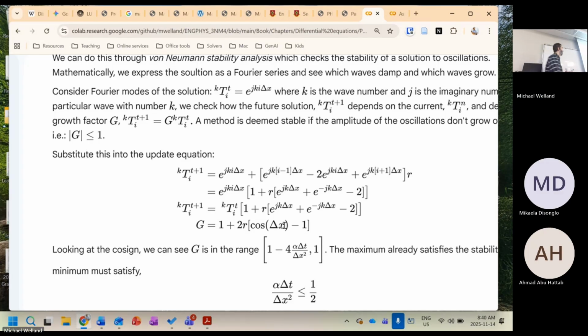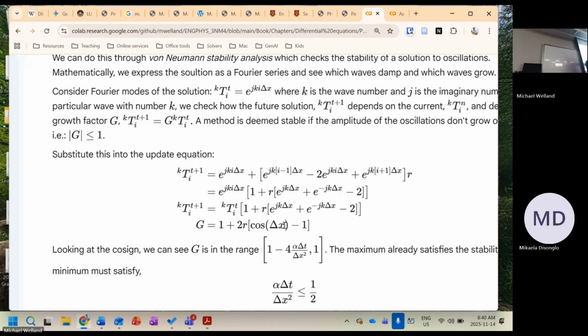From here, you define your G as the ratio between these guys, and you get an expression like that. What you need to make sure is that G is always less than or equal to 1. Looking at the cosine, depending on your delta x, the maximum that this could be is 1.